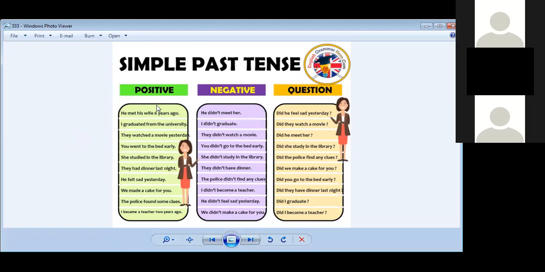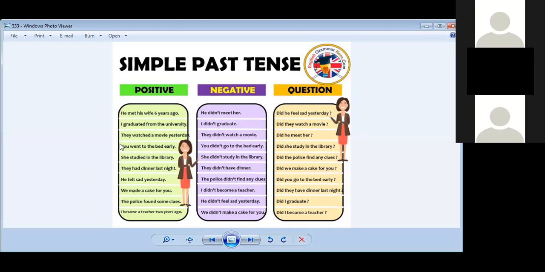In the positive form. In the negative, we use didn't, verb infinitive. Subject, didn't, and infinitive verb. So in the question, we use did, subject, verb infinitive, complement, and don't forget the question mark, the most important thing. Okay, student?